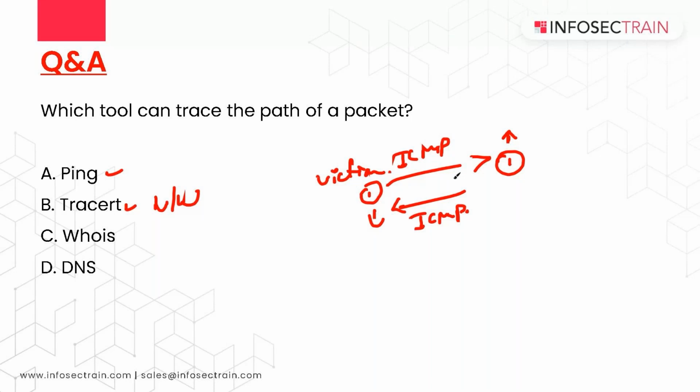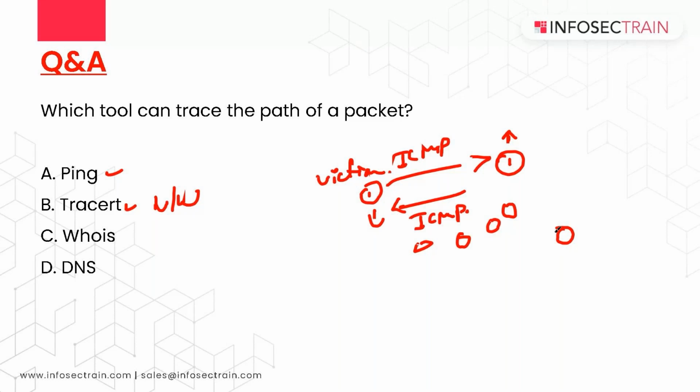Each router it finds in between decreases the TTL value, and if the TTL becomes zero, then the router gives the reply like the ICMP time exceeded message.